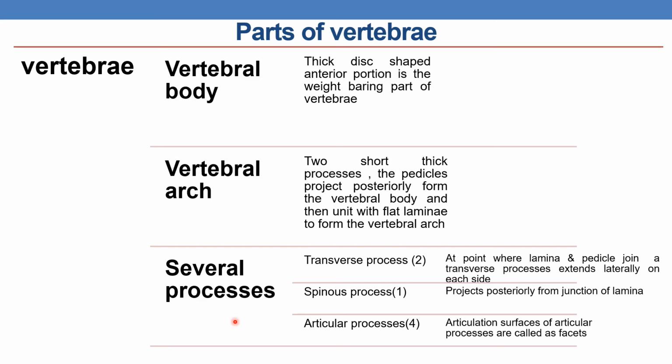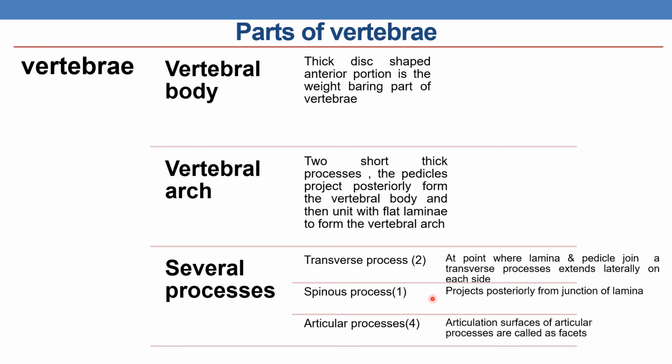Coming to processes, there are mainly three types: transverse processes, spinous processes and articular processes. There are two transverse processes, at the point where lamina and pedicle join; a transverse process extends laterally on each side. The next is the spinous process.